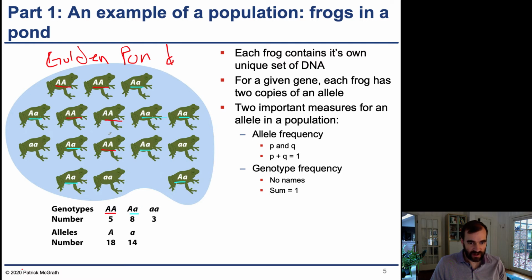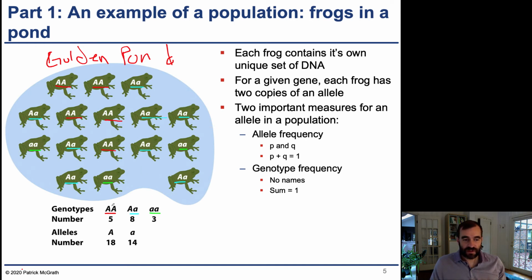So there's 8 frogs that are heterozygote. And then there are 1, 2, 3 frogs that are homozygote recessive.